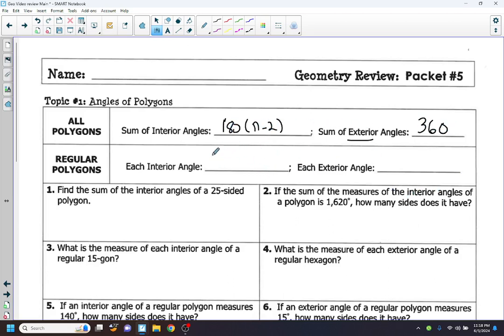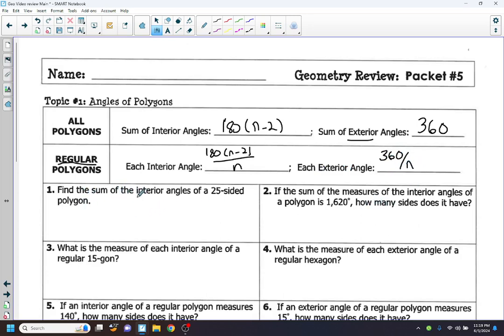For each interior angle of a regular polygon, remember regular means all the same size, that's 180 times n minus 2, divided by n, because I'm dividing by how many sides I have. So if it's a 6-sided shape, I divide by 6. And here's each exterior angle. Since it's a regular polygon, it's always going to be 360 divided by how many sides I have.